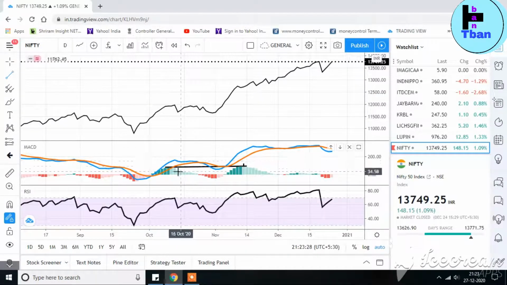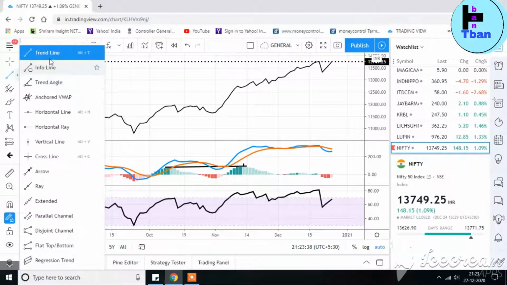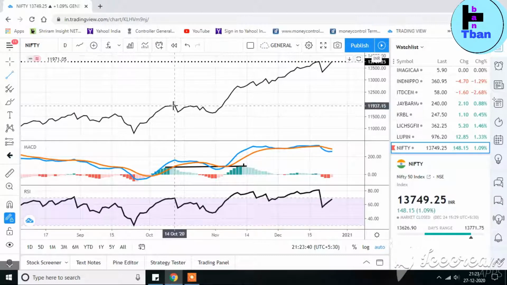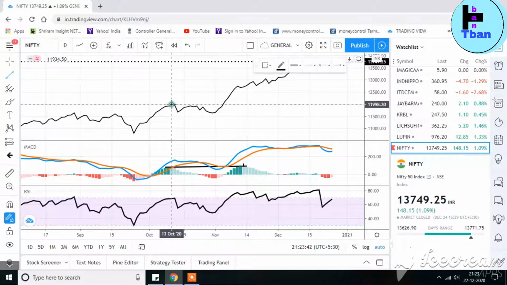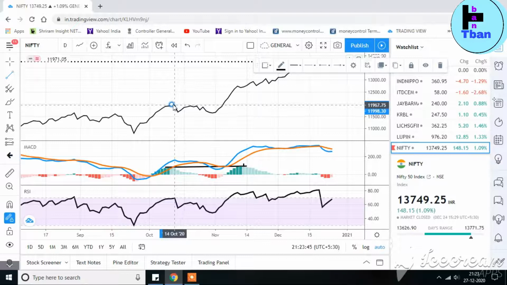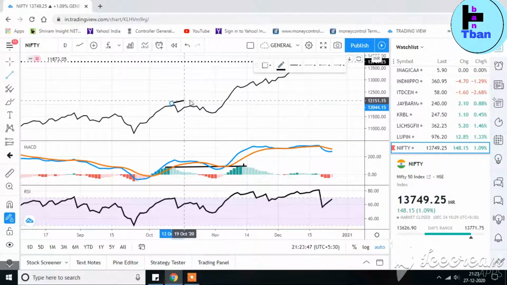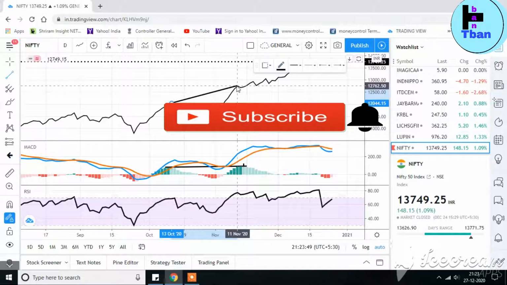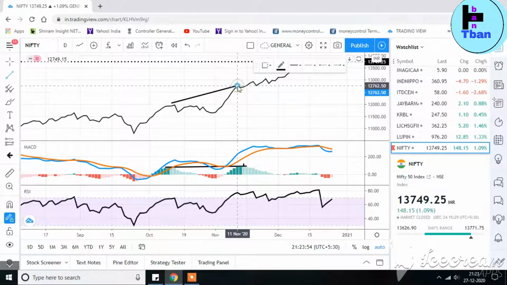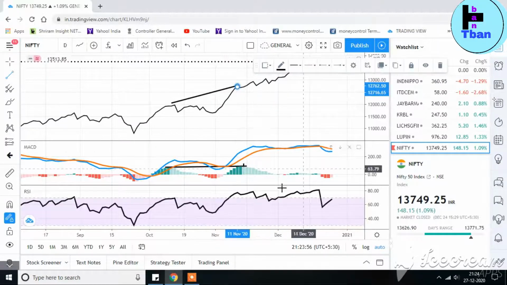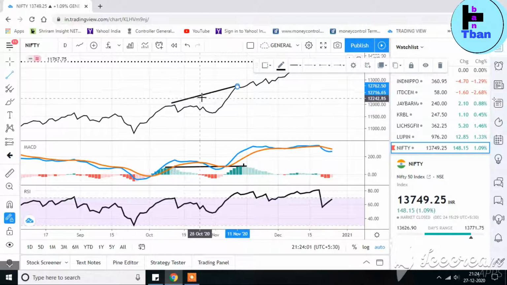But here you also draw another trend line from this point to this point. You can observe it. This line is high, but this is a flat line, fully flat.